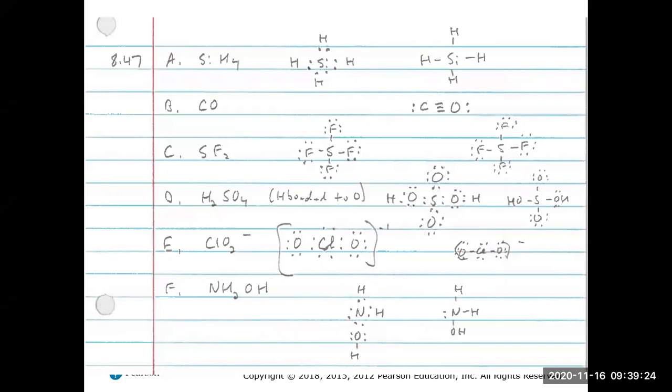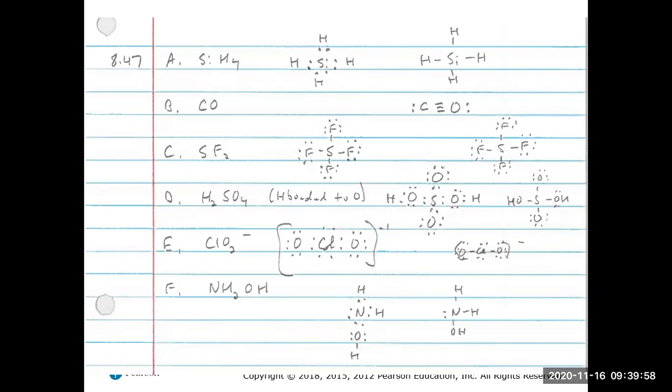we have 6 electrons for the sulfur. Then we would have 2 fluorines attaching and sharing an electron.